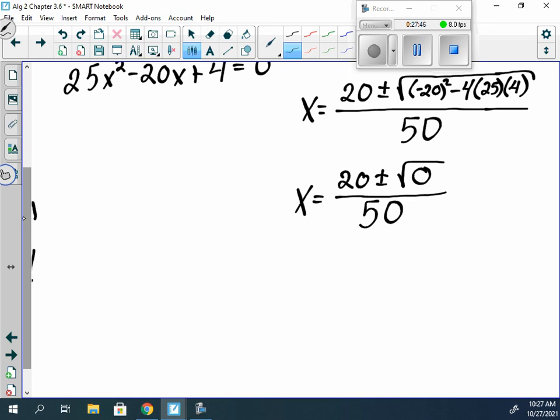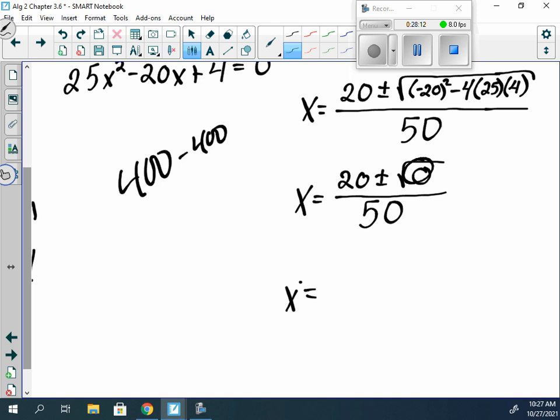We got 0, yes? Because negative 20 squared is positive 400. 4 times 25 times 4 is 400, so 400 minus 400 is 0.